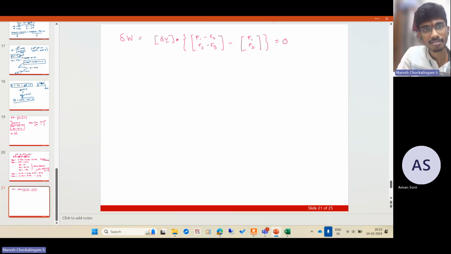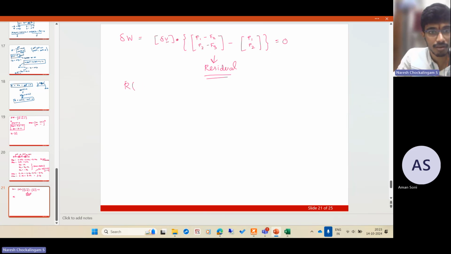This is equal to 0. So this is basically what we have. We have an arbitrary virtual velocity field dot product with some residual. This is our residual. So what is R of U, R of X?